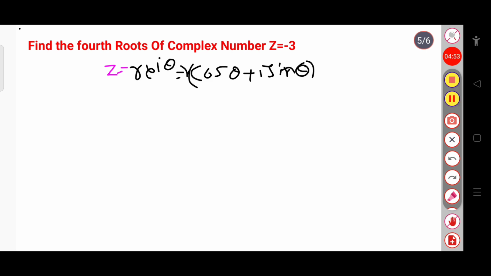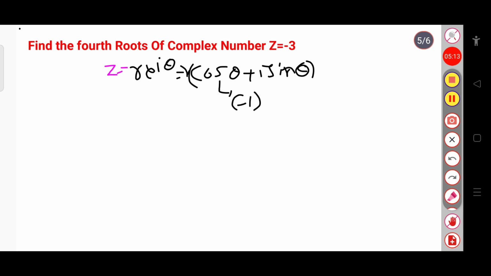So here z equals minus 3, so I have to think what the value of cos theta plus i sin theta will be, so that the value will be minus 1. Since there is an absence of the imaginary part, I have to put some value of theta in cos theta so that this becomes minus 1.